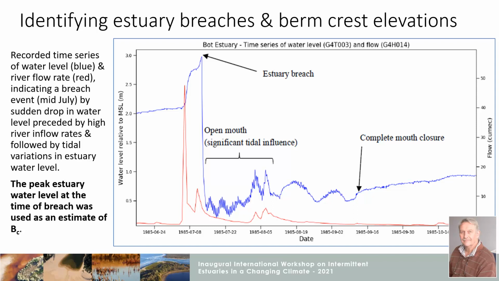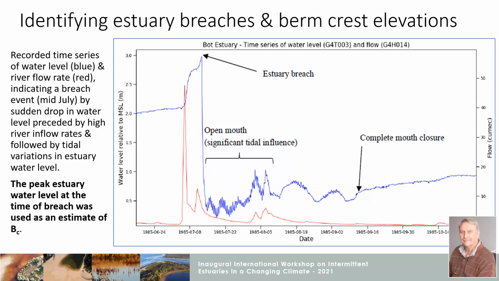The example shown here is a graph showing the water level as recorded inside the estuary by means of the blue line, and the red line is the river inflow into the estuary. So you can see a breach event there. In other words, in mid-July, the water level starting on the left-hand side was increasing, and then following that large river inflow event kept on increasing until the estuary breached at that specific high point.